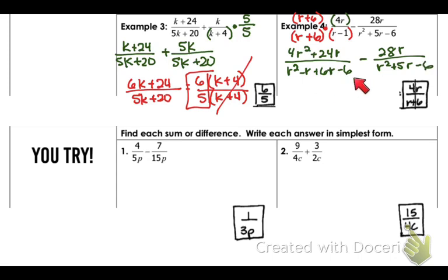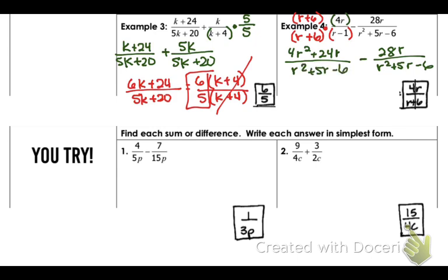So right now this doesn't look like that, but if you combine your like terms, this right here will add up to a 5r. So I'm going to go ahead and erase that so I don't have to waste so much room. So now I'll have r squared plus 5r minus 6.